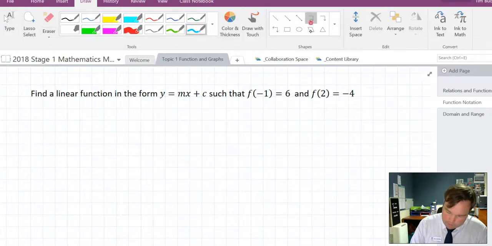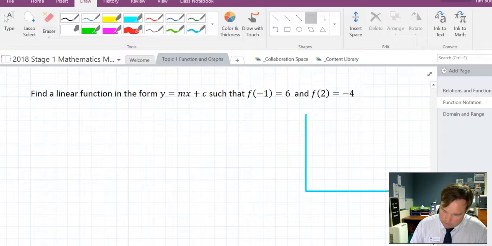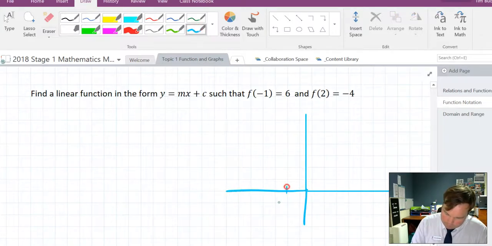Now to visualize what's happening here, that was meant to be a full axis. f of minus 1 is 6. Say minus 1 is here, and 6 is there. When x is minus 1, y is 6.